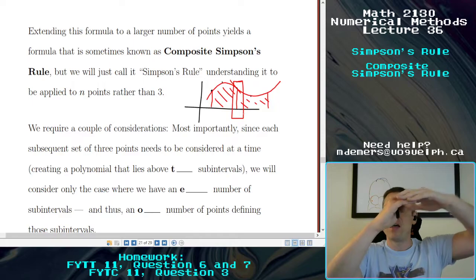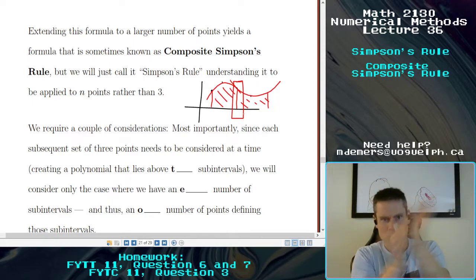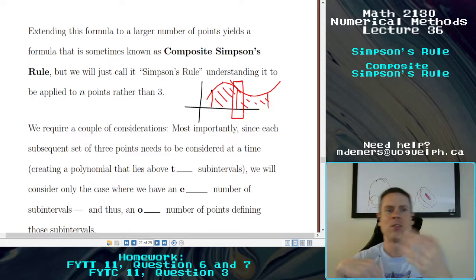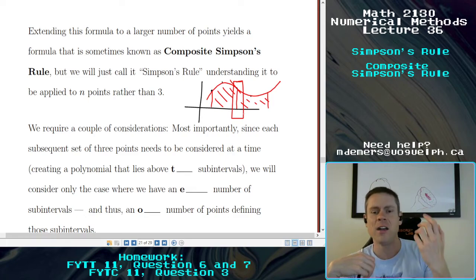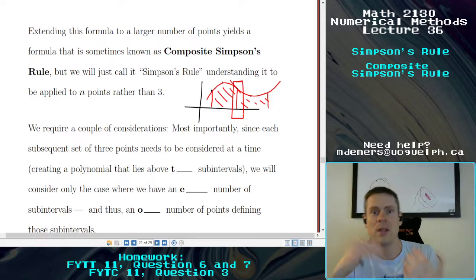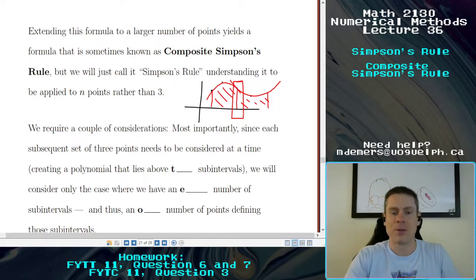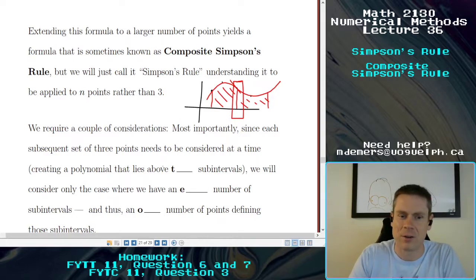And then if I were to have the next set of 3 points, with the last one being the first, that would need 2 more points beyond that. So I need to have like 3 points, 5 points, 7 points. I need to have an odd number of points defined in the subintervals, an odd number of nodes, and therefore an even number of subintervals. So a couple of interesting intricacies here, right?